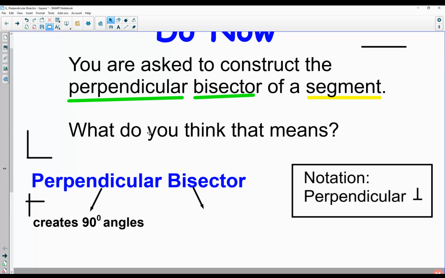If you break apart the term bisect, you have bi and then sector. Bi is like a bicycle, two. Sector, we're going to be cutting. So we're actually going to be creating two equal parts. When you bisect something, you cut it into two equal parts.